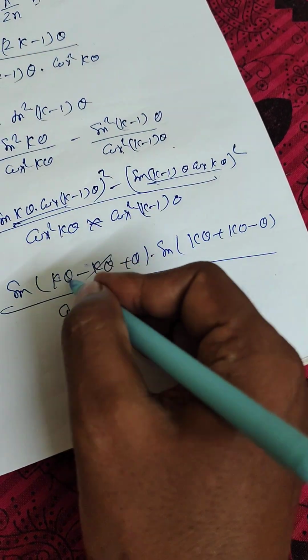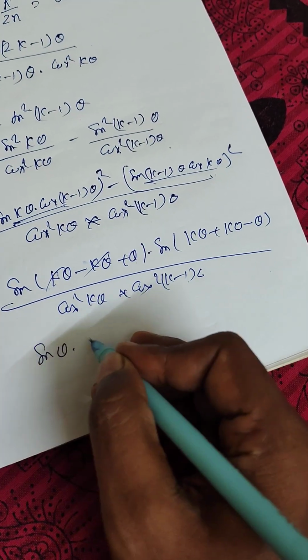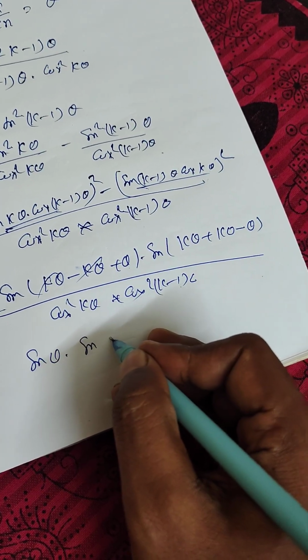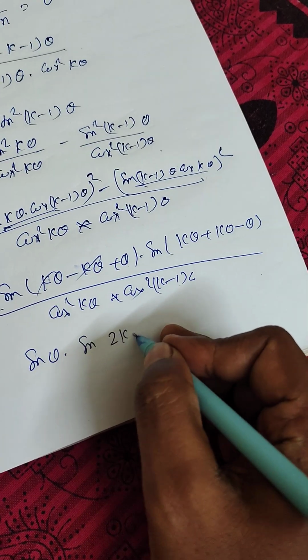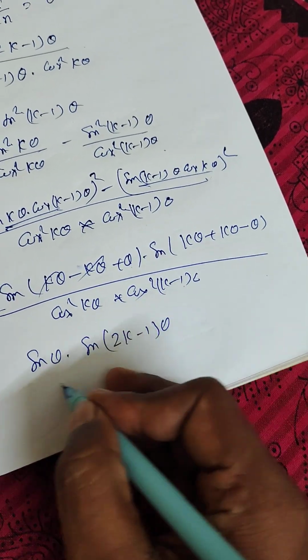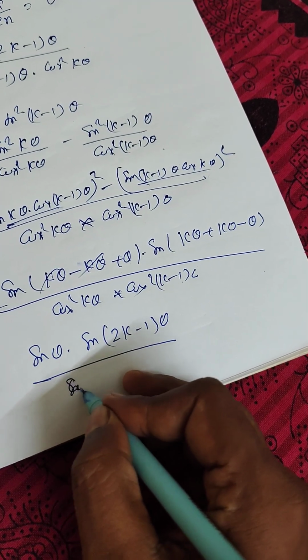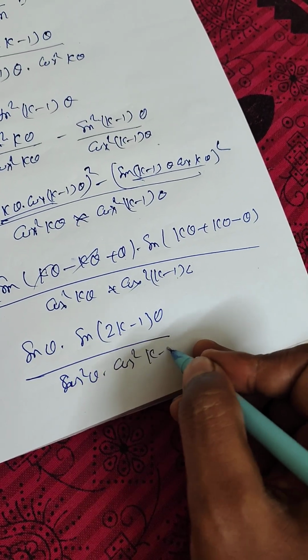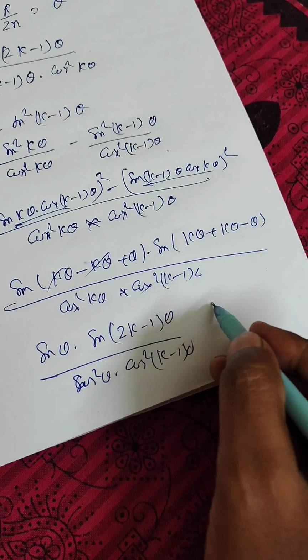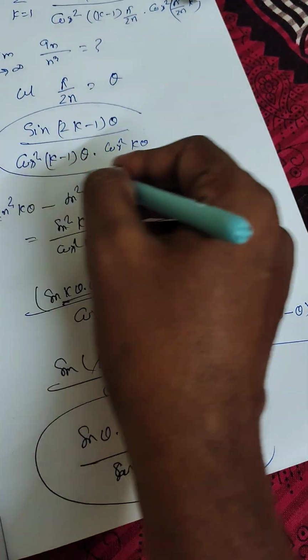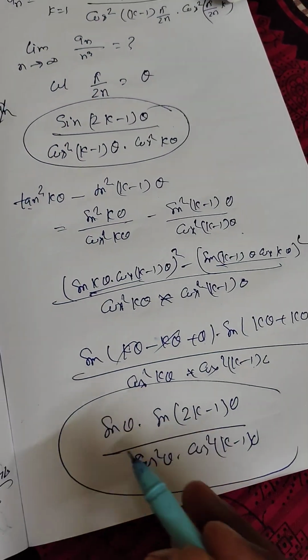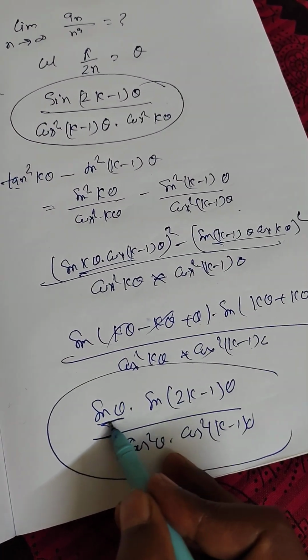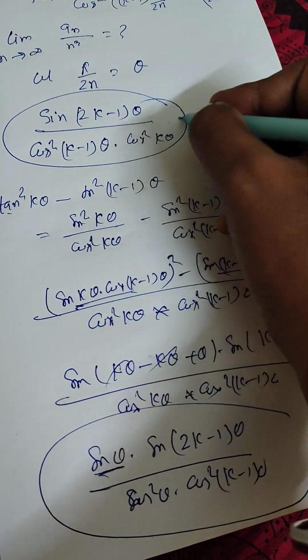This formula gives sin theta into sin((2k minus 1) theta) by cos square k theta into cos square (k minus 1) theta. See this term is the same. Only one thing: sin theta extra comes.